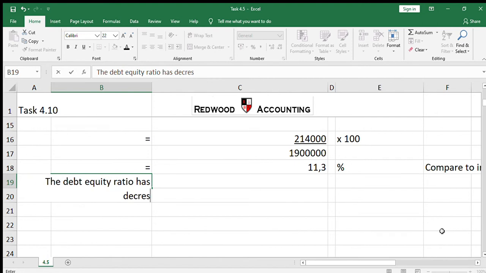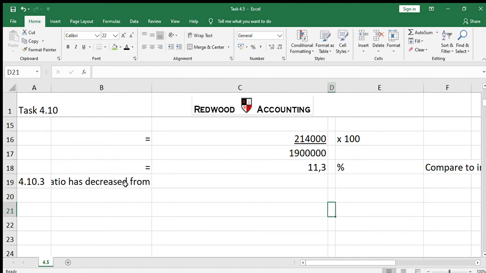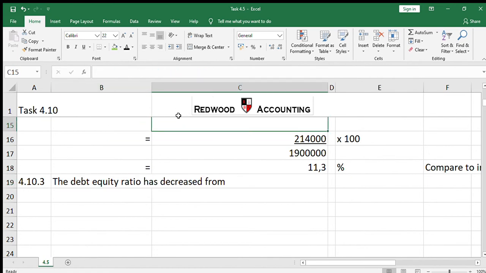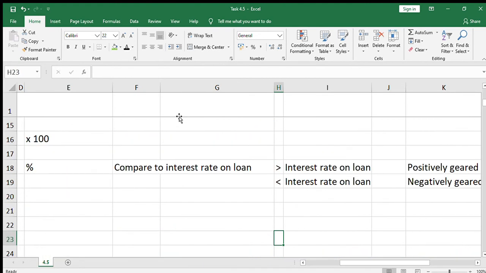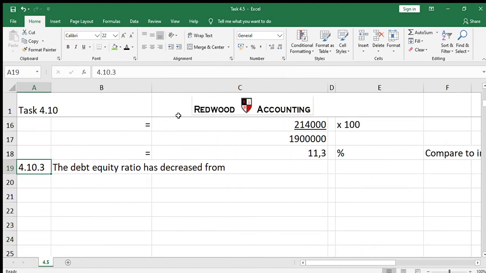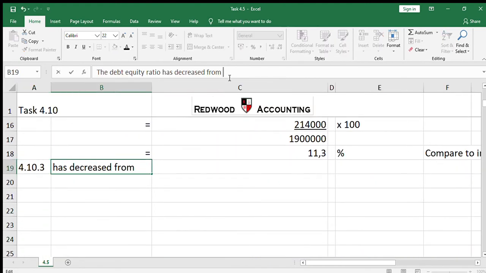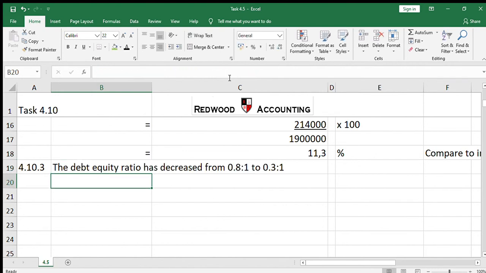So we're going to say it has decreased from 0,8 to 0,3:1.